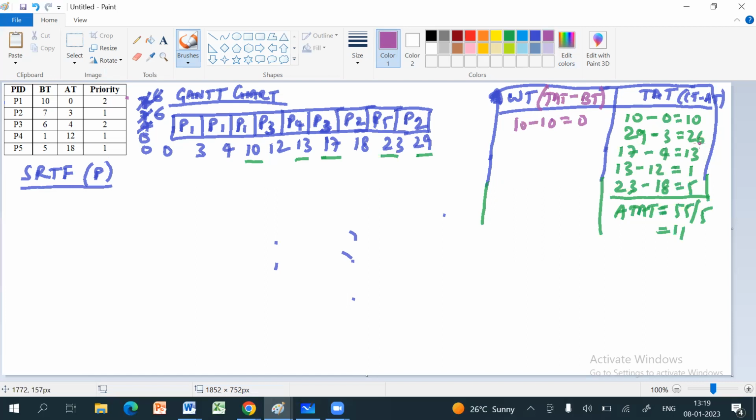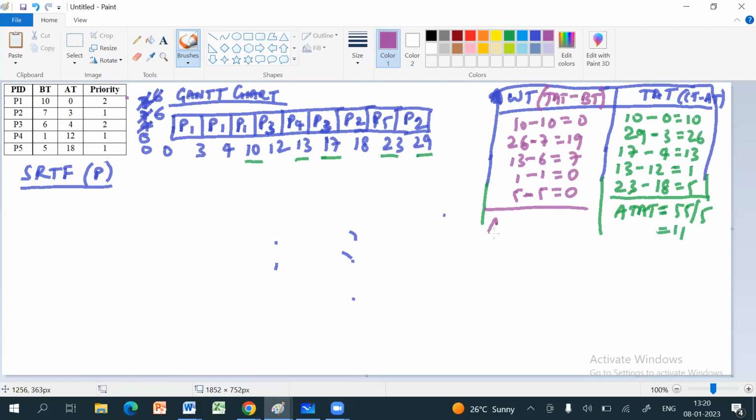So 26 minus the burst time for P2, which is 7, is 19. Then 13 minus the burst time of P3, which is 6. Followed by 1 minus the burst time 1, that is 0. And lastly, the turnaround time of P5 is 5 minus the burst time of P5, which is 5. So that is 5 minus 5, equal to 0.